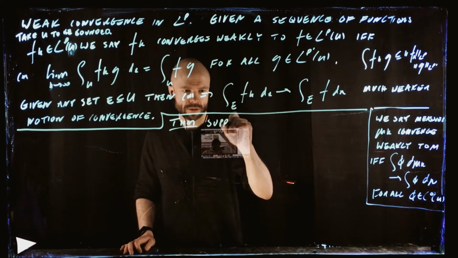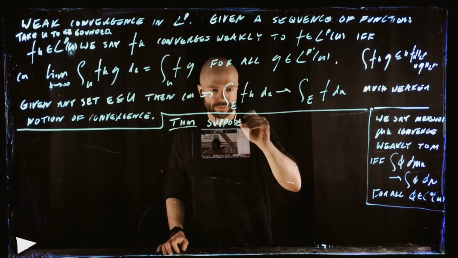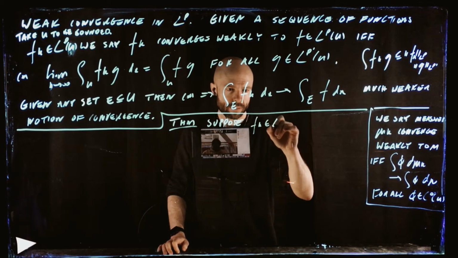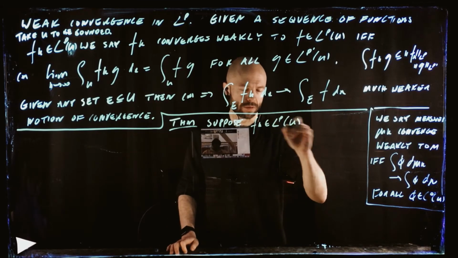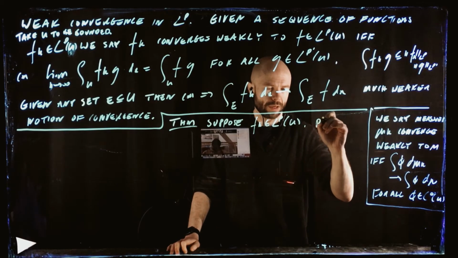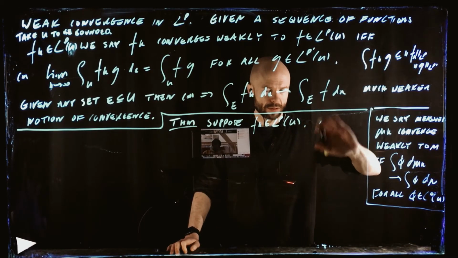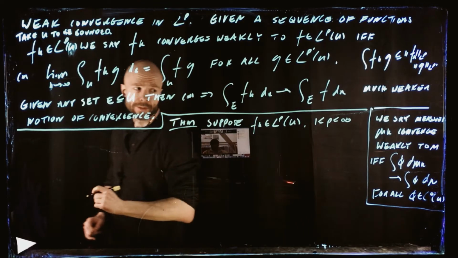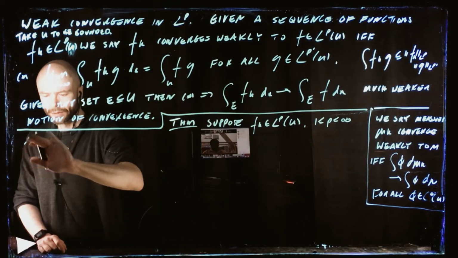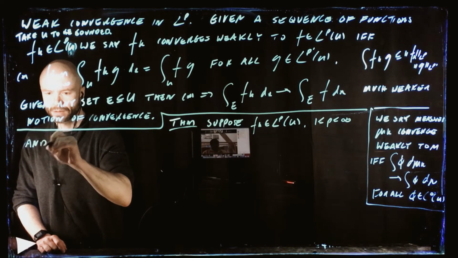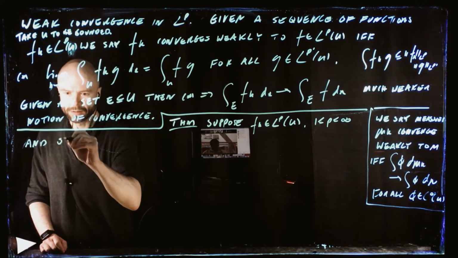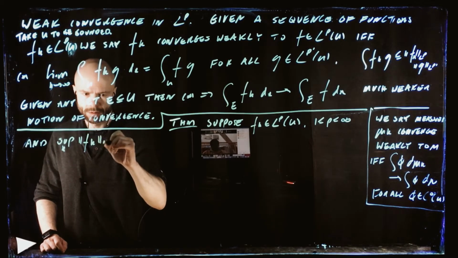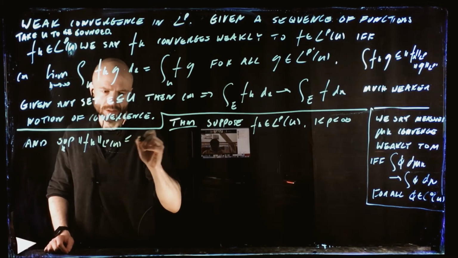Suppose f_k belongs to L^p of U, p is between 1 and infinity, and that it's uniformly bounded, so the supremum over k of the L^p norm is less than infinity.